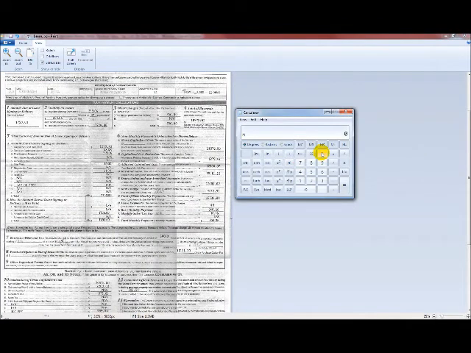Okay, so let's figure out the money factor in this example. Net cap cost plus residual value times terms, 48 months or 4 years.